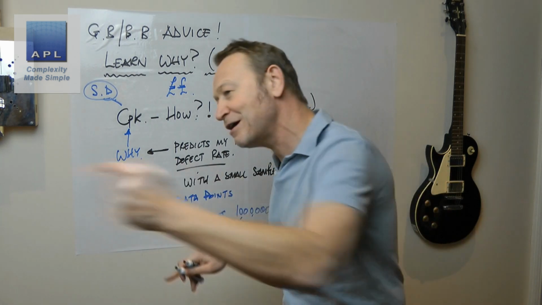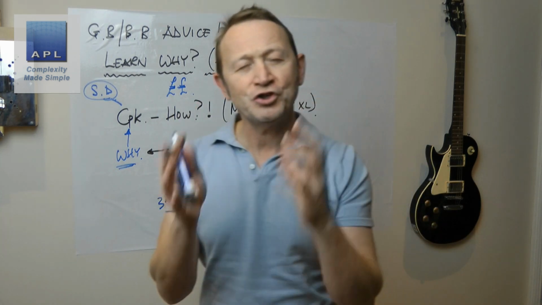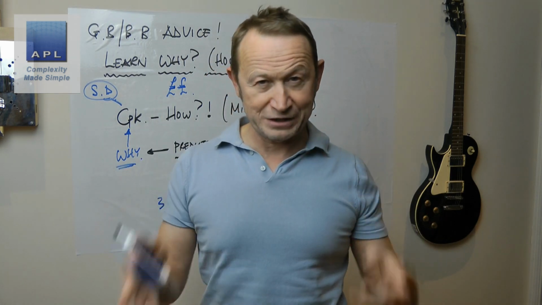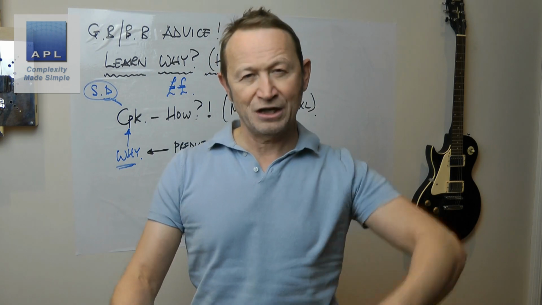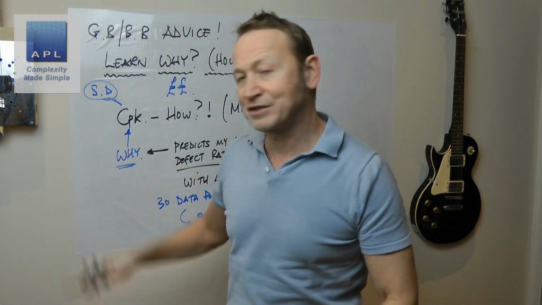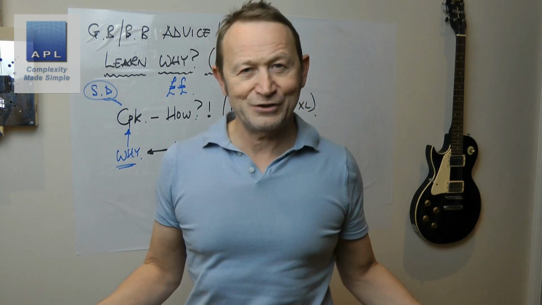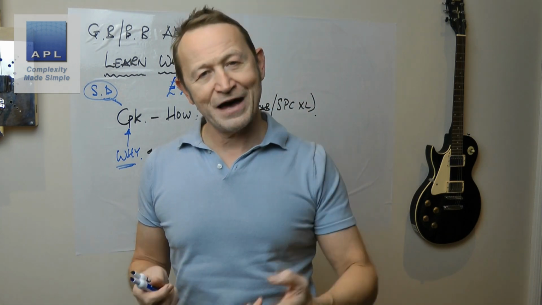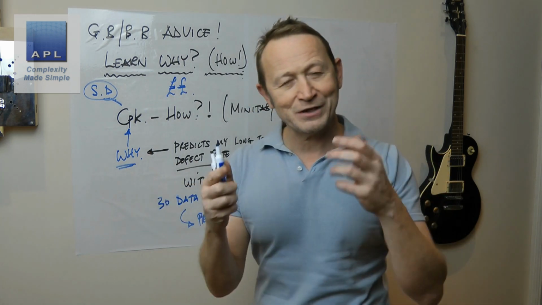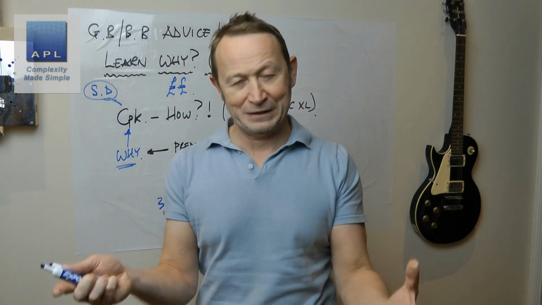Small amount of data, predict tomorrow. You should never switch a machine on and not be able to predict the defect rate for today, tomorrow, and the next day, because standard deviation and CPK does that. Now, that's why you need to know this, because that's about how to make money from CPK.